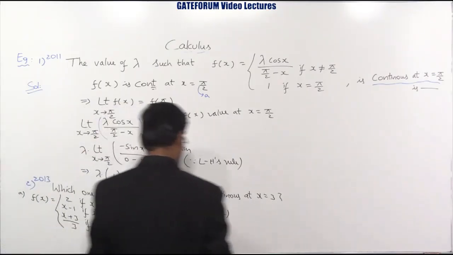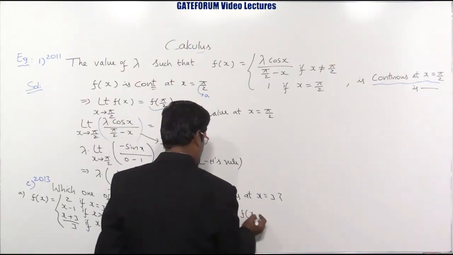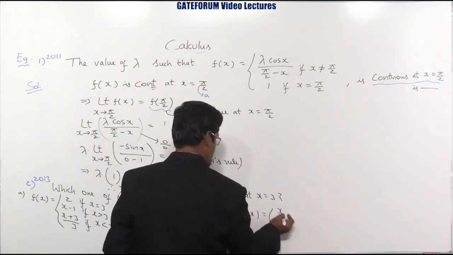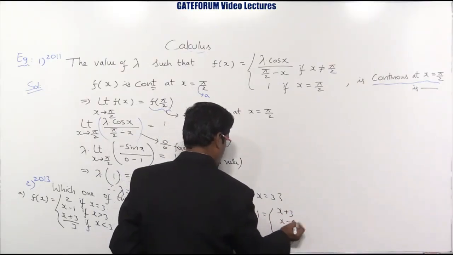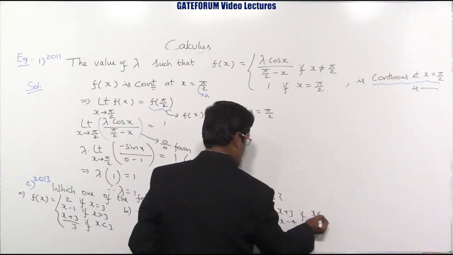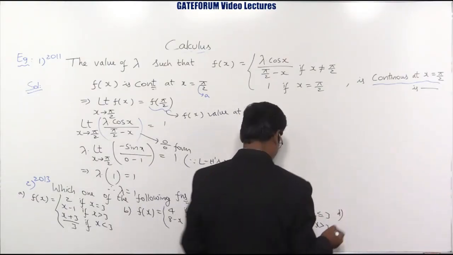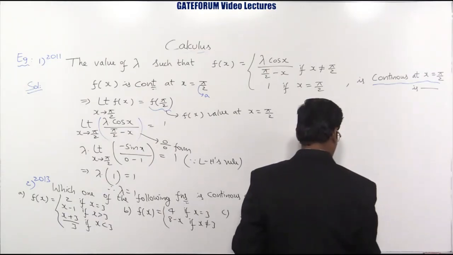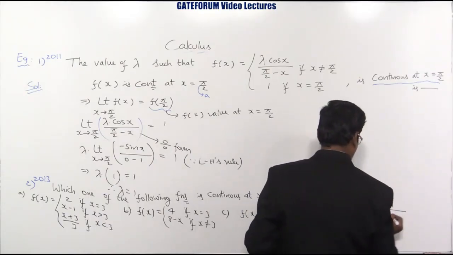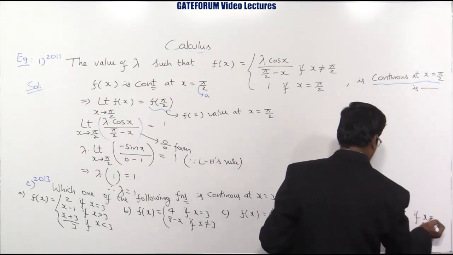C. f of x is equal to x plus 3 if x less than or equal to 3, x minus 4 if x greater than 3. D. f of x is equal to 1 by x cube minus 27 if x not equal to 3.